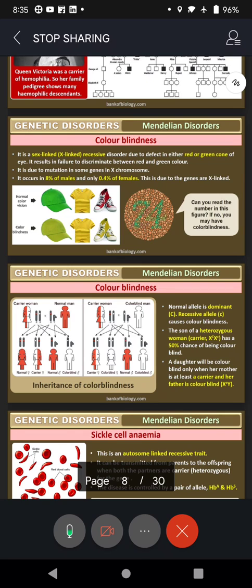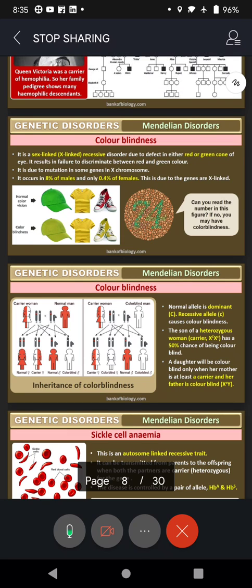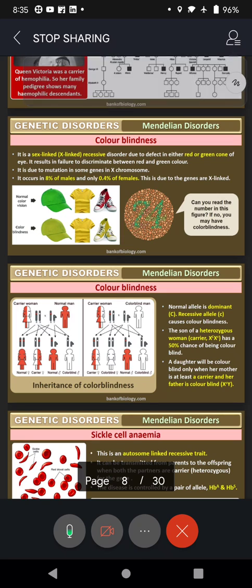We said hemophilia is the inability to clot the blood. Clotting of blood will not take place because of the absence of particular proteins. Those proteins will not be synthesized in the body of a person if the person has a recessive gene on the X chromosome.